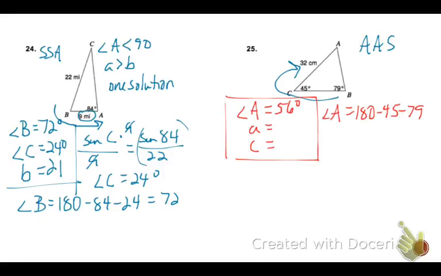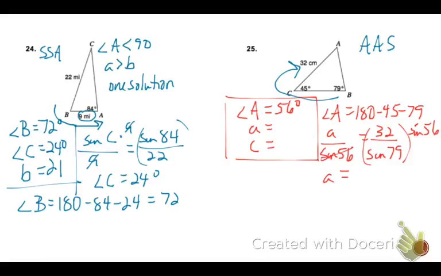On side A, let's use the law of sines. So we'll say A over the sine of 56, since we know it now, equals 32, which is side B, over the sine of 79, which is angle B. You're going to divide those out and then multiply by the sine of 56.